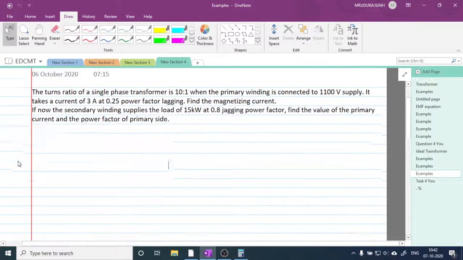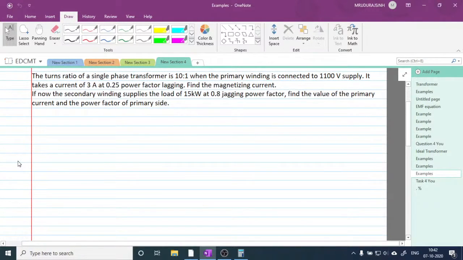So there we go. This is our third example of the day. So we'll take our green pen and write data to find. So let's go for what data we need to find. The turns ratio of single phase transformer is 10:1.